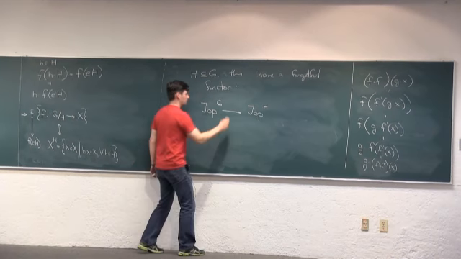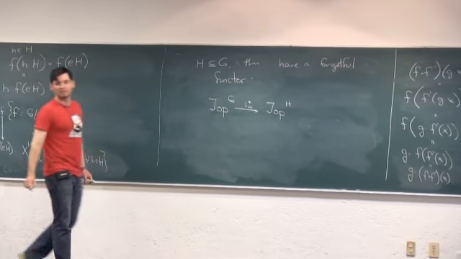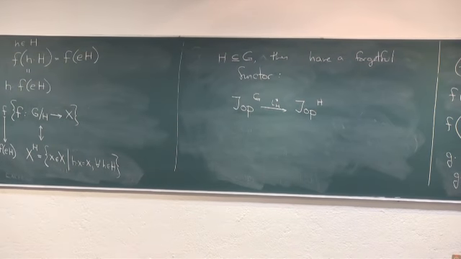And I'll call this IH upper star, because I want to think of it as pulling back along the inclusion of H into G.